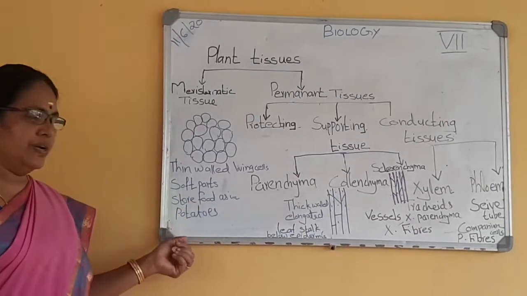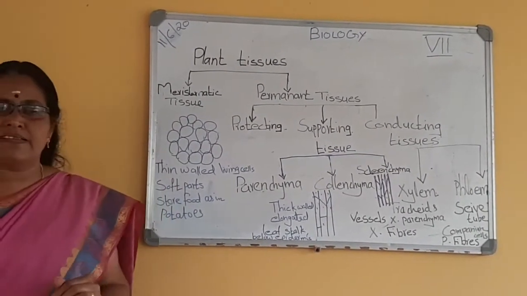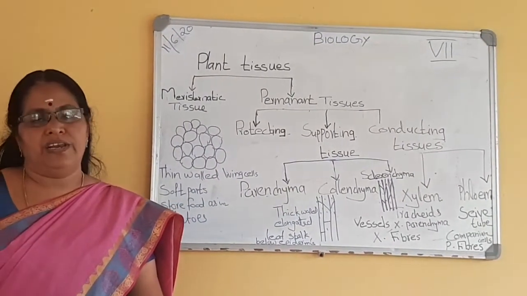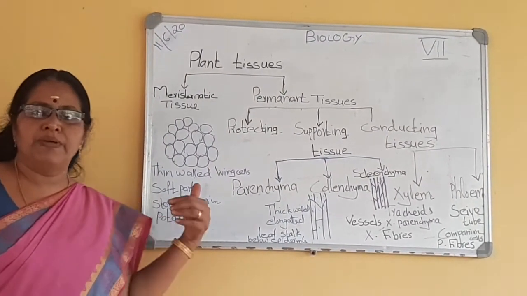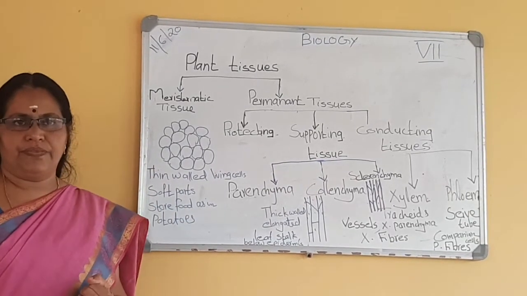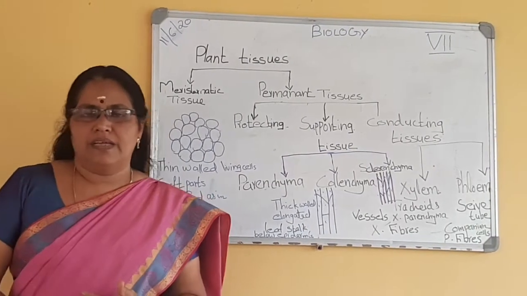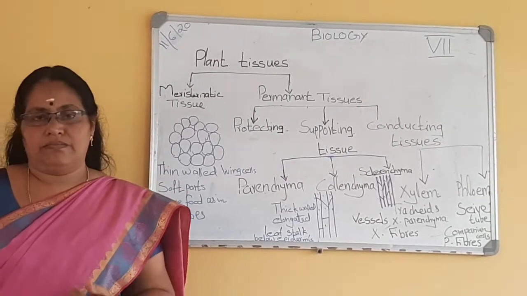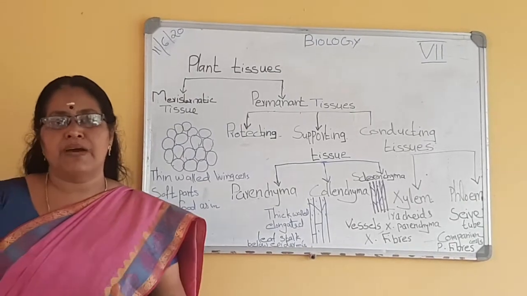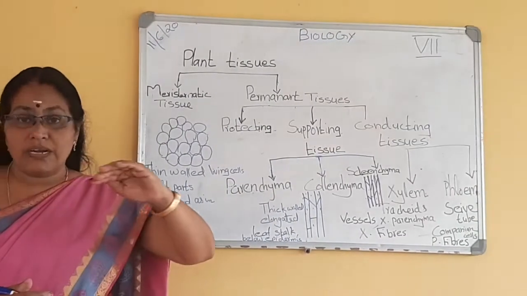They store food. Then, some of the parenchyma cells may contain chlorophyll. So they help in photosynthesis or preparing the food. And some other plants which grow in water may contain air. They are called aerenchyma cells. That aerenchyma cells help them to float in the water.